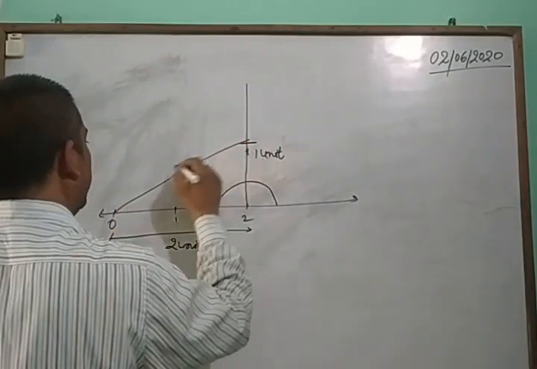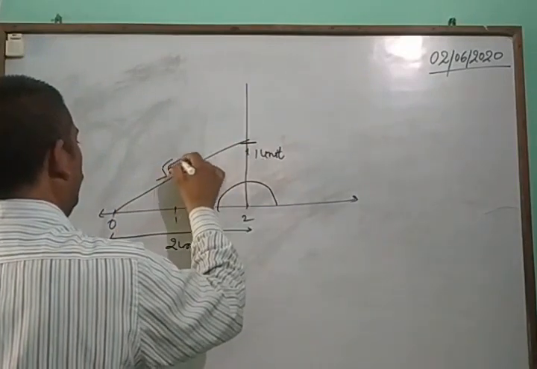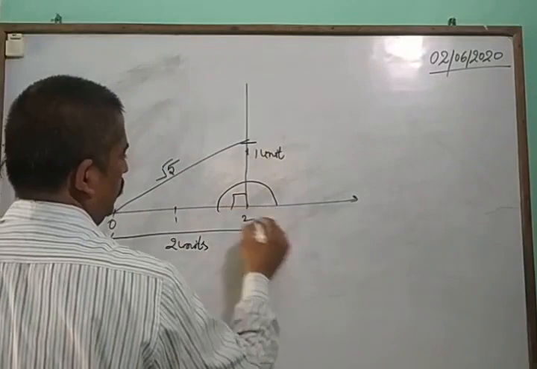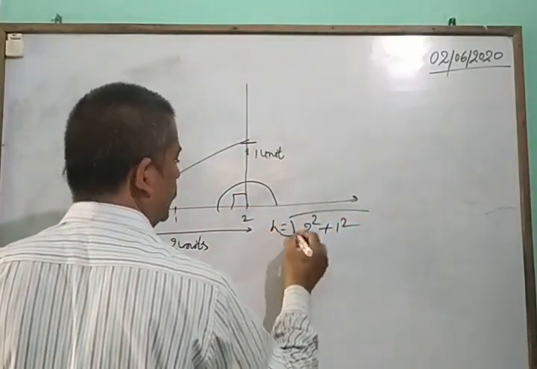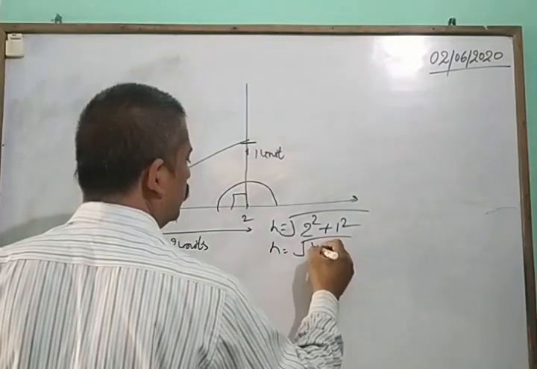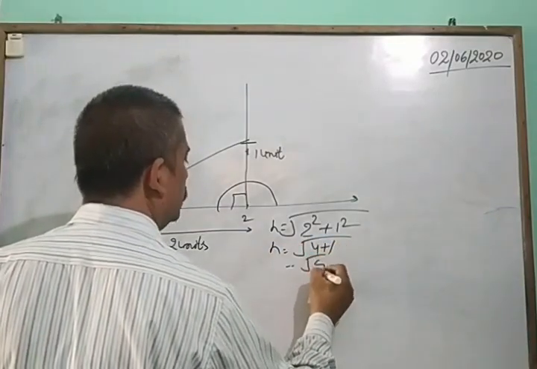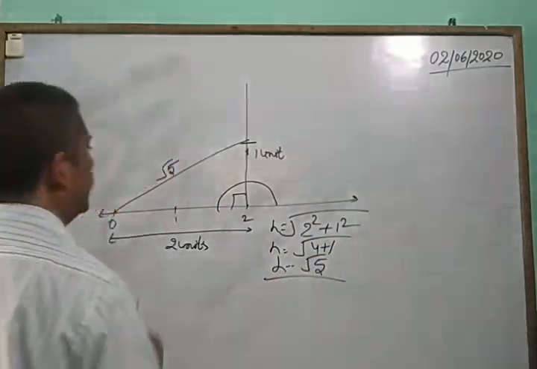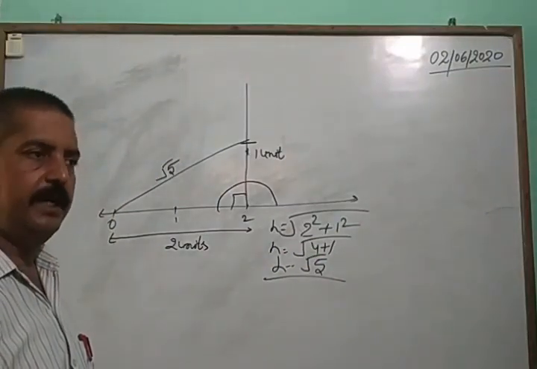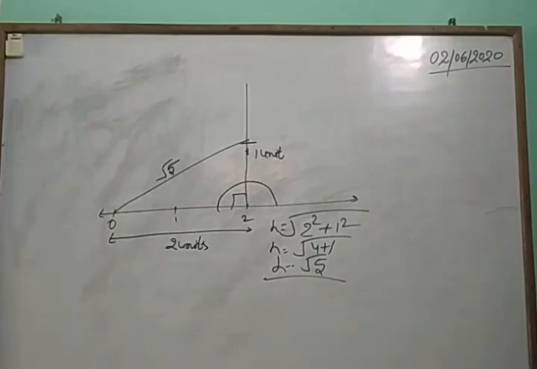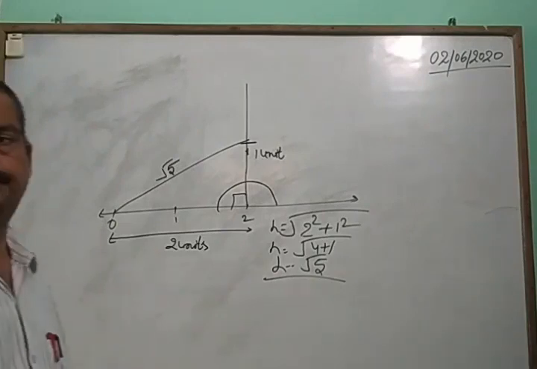If we join that, that is root 5, because 2 square plus 1 square is the hypotenuse squared, so 4 plus 1 is equal to under root 5. So the three methods we use to represent root 5 on the real number line.